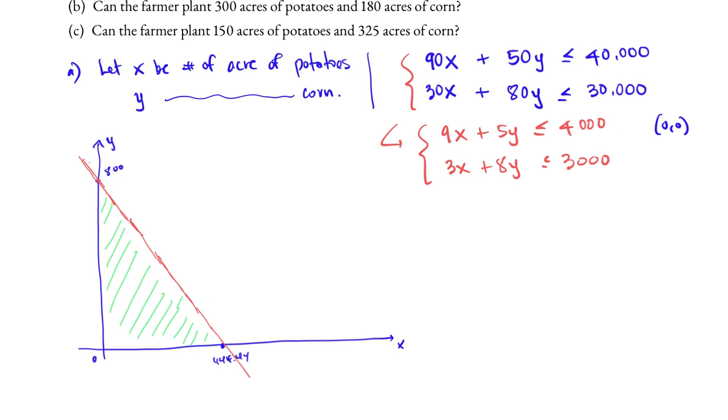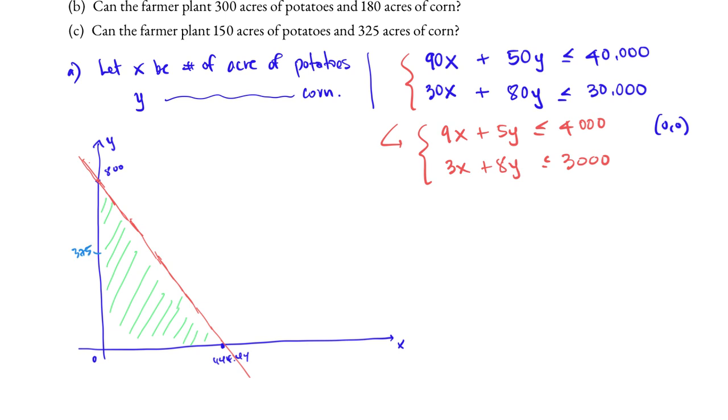This time, when x equals 0, y is 3,000 divided by 8, which is 375. So the y-intercept is 375 when x equals 0.